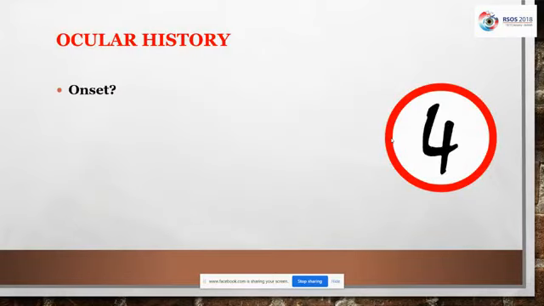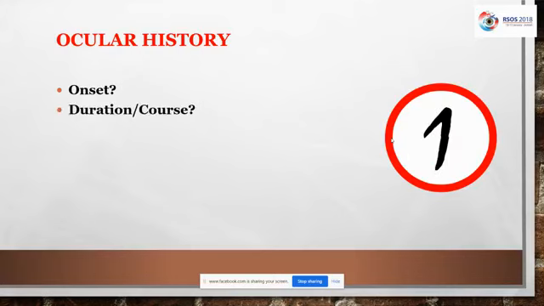The ocular history is very important as well. So if you are taking a good history about the condition of uveitis, how it starts. If the onset was acute and sudden, this is an important thing. If it is chronic or starting over a few days or a few weeks, this is very important. So the duration and course of the uveitis are also very important. If it's progressive, if it's regressive, if it's intermittent in symptoms, if the duration is days, weeks, months, it's very important.